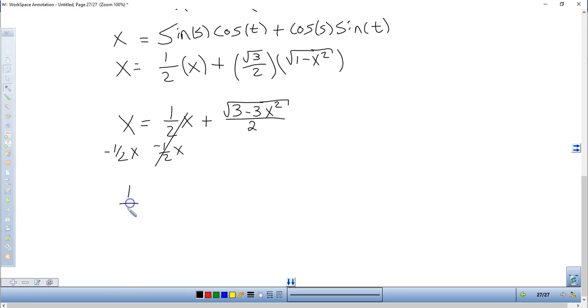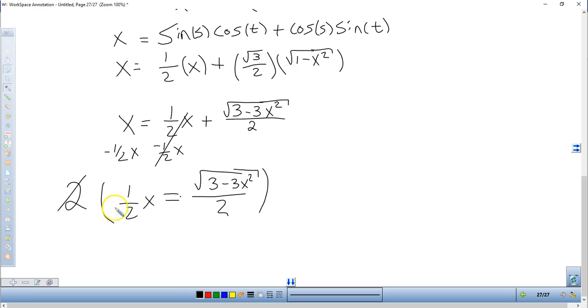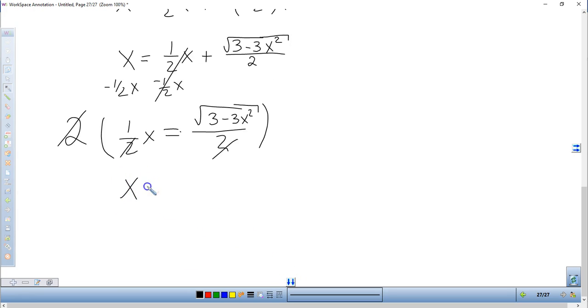So I get 1/2 x is equal to root of 3 minus 3x squared all over 2. In order to get rid of the fractions, I'm going to go ahead and multiply everything by 2. So I get that x is equal to root of 3 minus 3x squared.